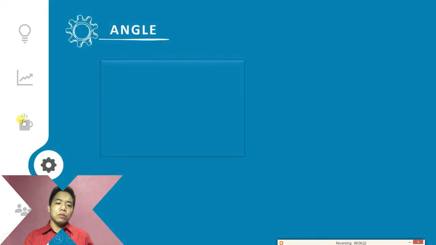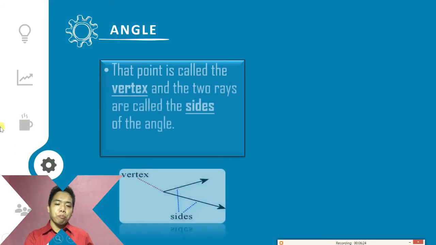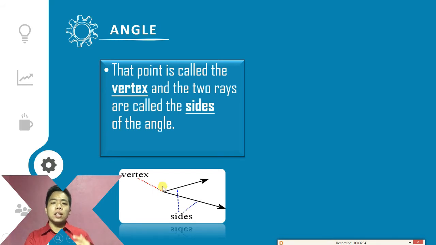The figure here is an angle. An angle is made up of two rays, and the common beginning point is what we call the vertex of the angle. The two rays are called the sides of the angle.